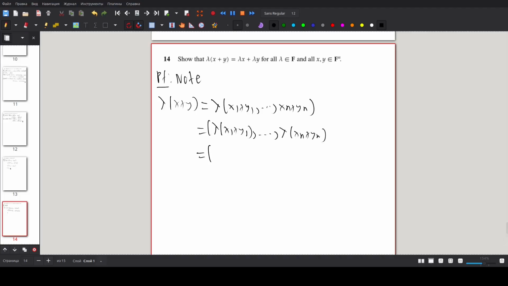So this is going to equal (lambda x1 plus lambda y1, ..., lambda xn plus lambda yn).